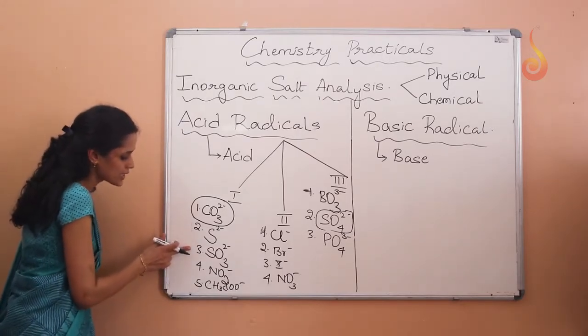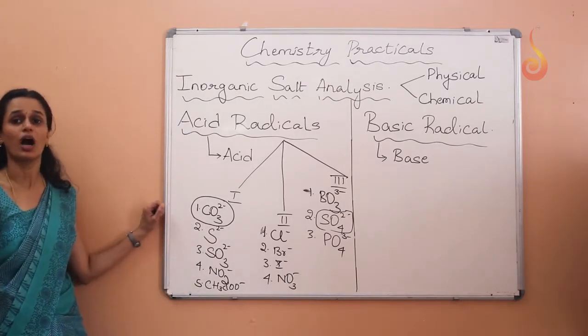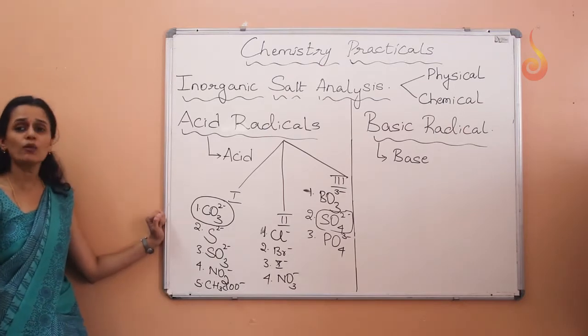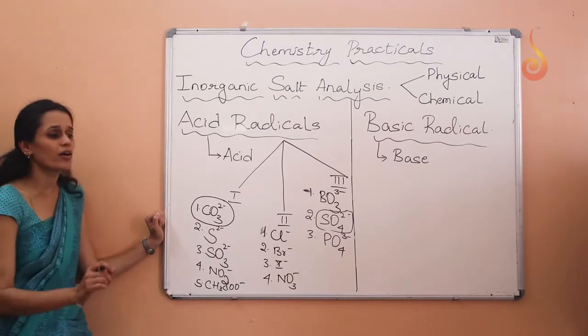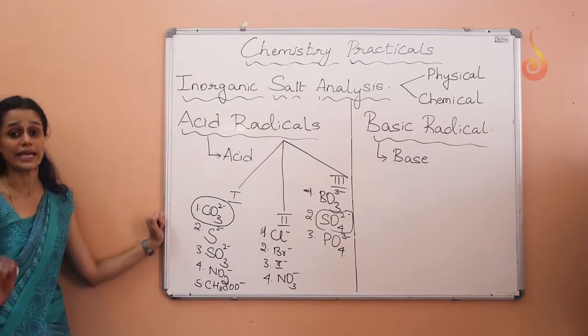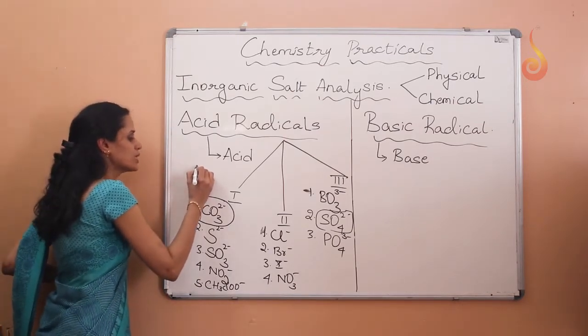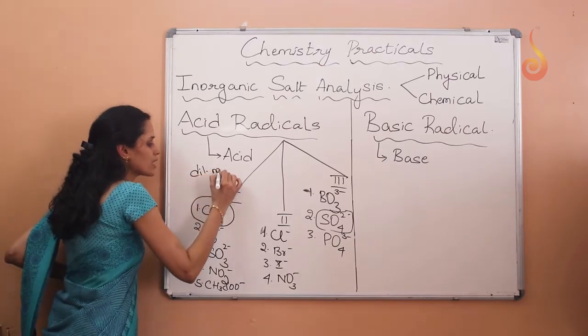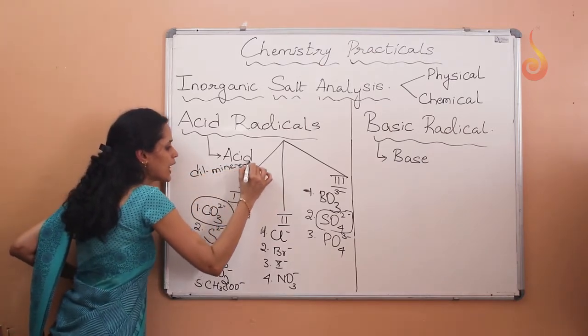Whatever the acid radicals we observe under the first group will always give similar observation with respect to one particular reagent. And that particular reagent is always dilute mineral acid.